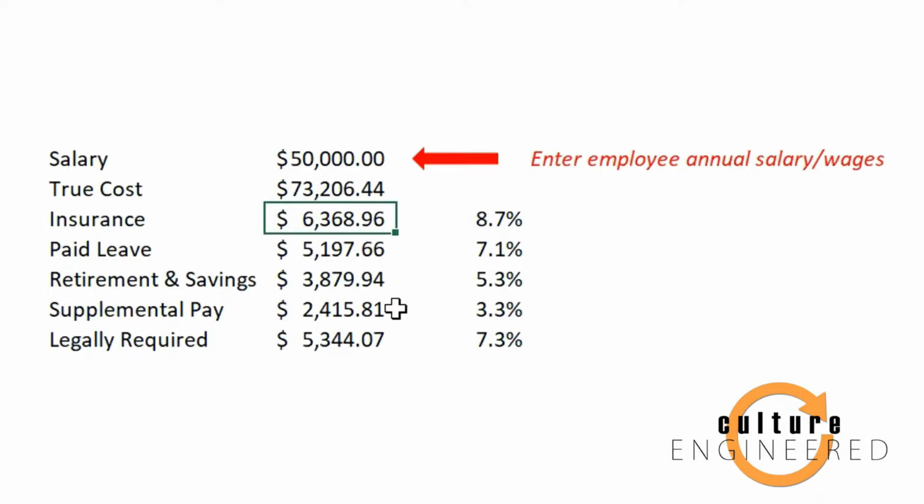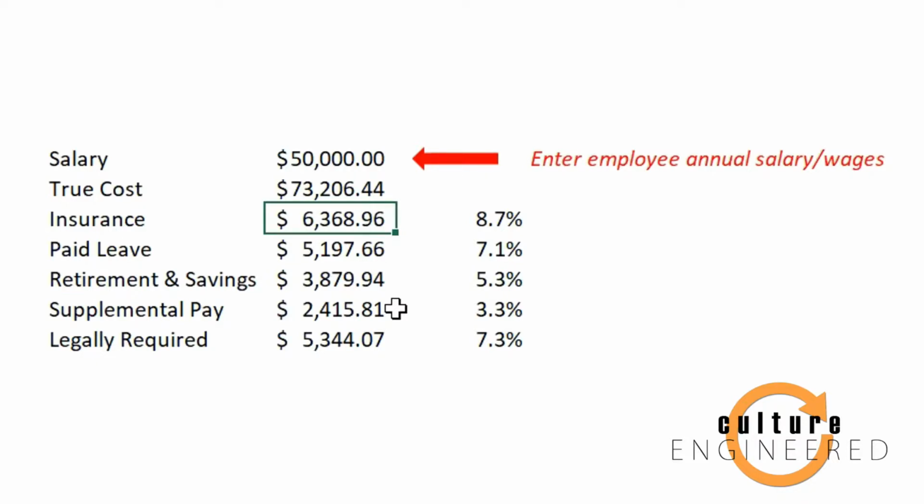That would be just over $6,000 per year that you as a company would be paying toward an employee's insurance. Again, multiply this by however many employees you have, and that's what you could figure you're paying annually in labor costs just for insurance.